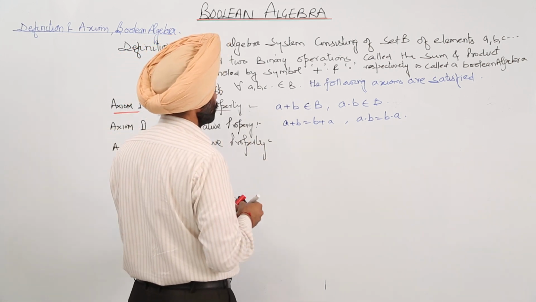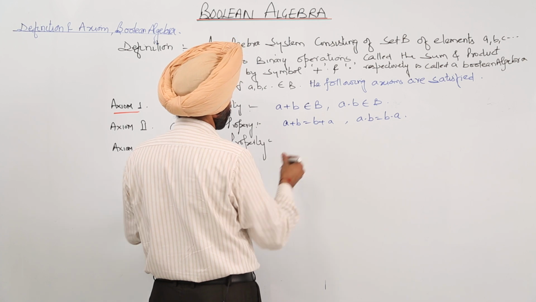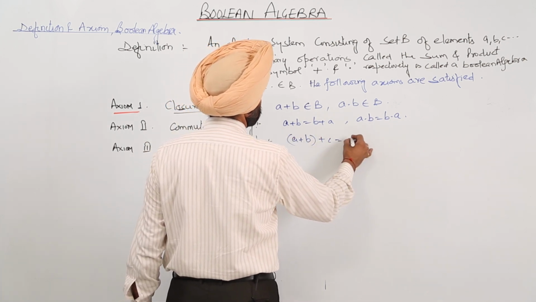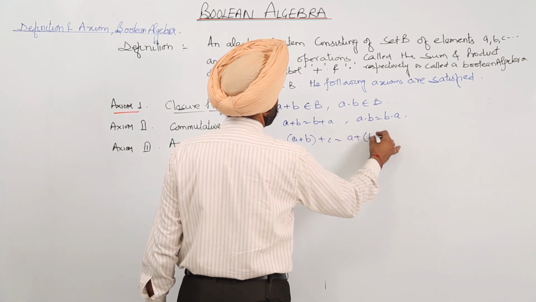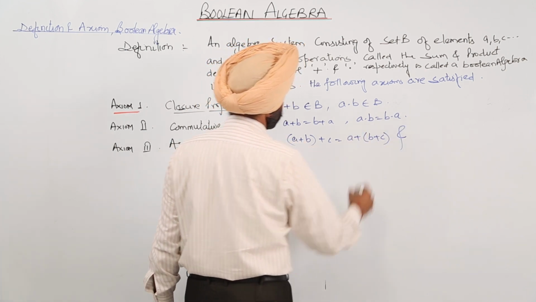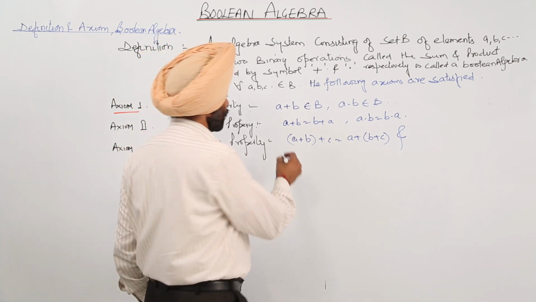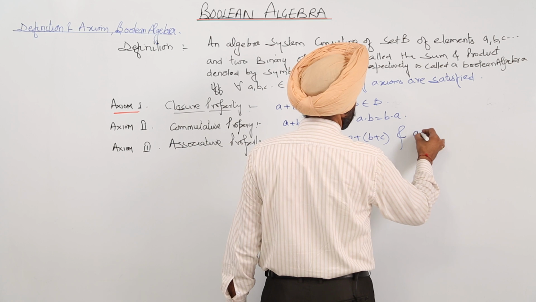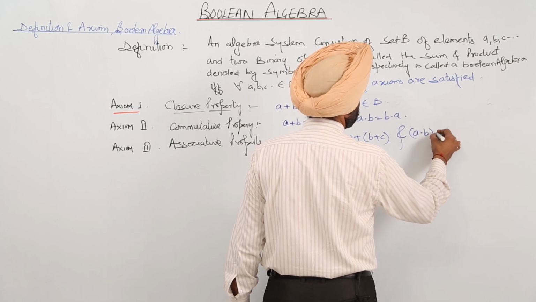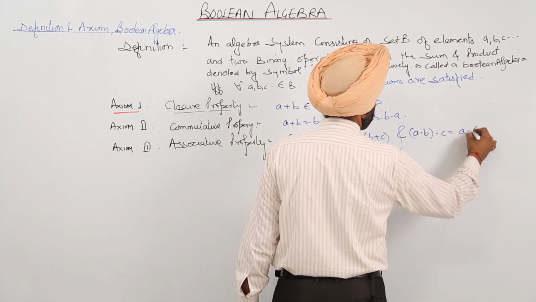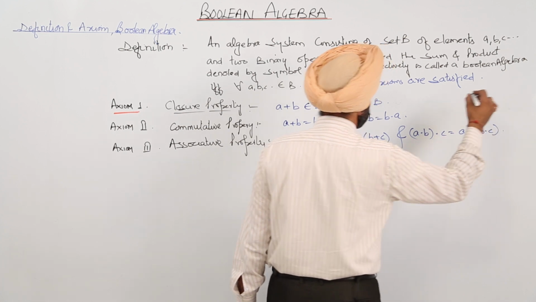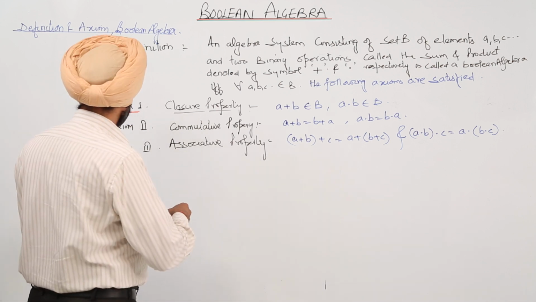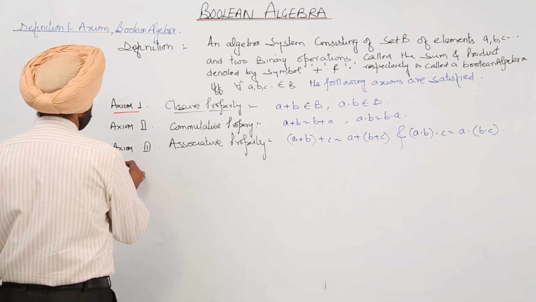Now, here this means A plus (B plus C) is equal to (A plus B) plus C, and one thing, you can write it first here and second here, and A dot (B dot C) is equal to (A dot B) dot C. This is the associative property. Okay.